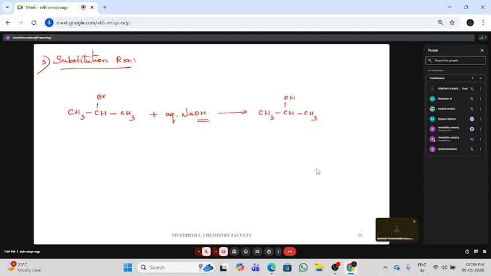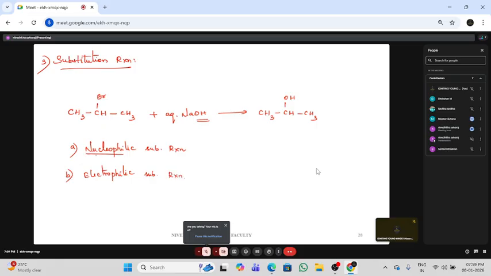And as far as substitution reaction is concerned, we have 2 types of substitution reactions. One is nucleophilic substitution reaction. Another one is electrophilic substitution reaction. Nucleophilic substitution reaction is nothing but, basically what is nucleophile? Is it electron rich or electron deficient?